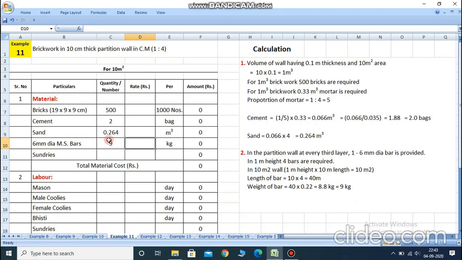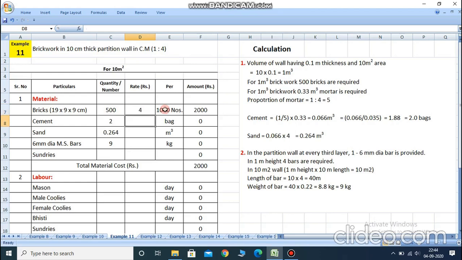One by one we take the rates and write them. Here 500 bricks are required. For the rate per brick, 1000 bricks we purchase for 4000 rupees, so the per brick rate is 4 rupees.